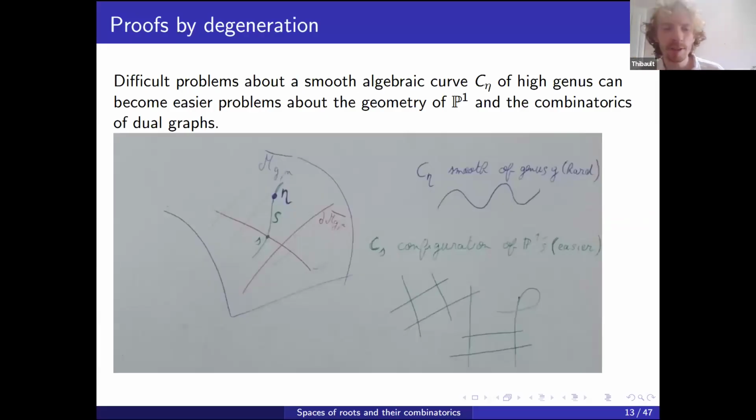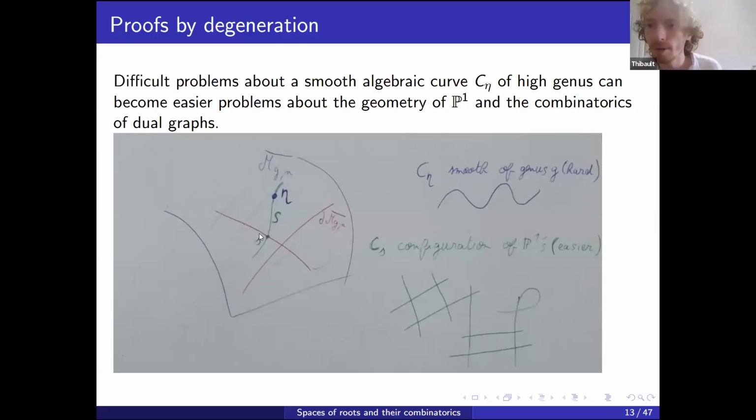The idea of degeneration techniques is you start with a smooth curve of high genus, and this can be a very complicated object, and you want to prove something about it. You have to do some hard algebraic geometry, and imagine that you can't, but imagine that you draw a path inside MGN bar from the point corresponding to this curve to another point, this little s, that lies very deep in the boundary.